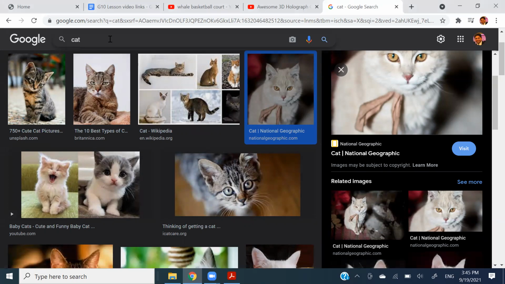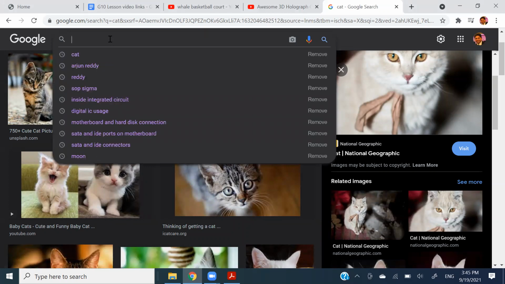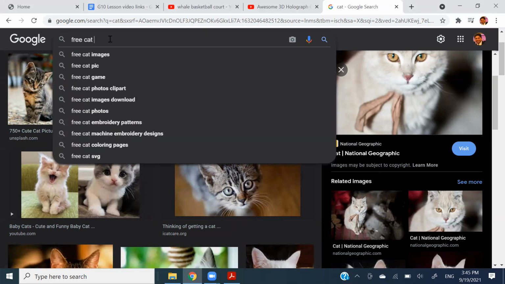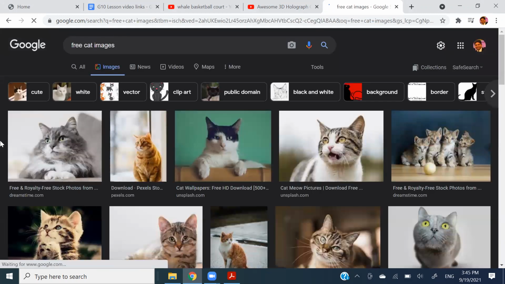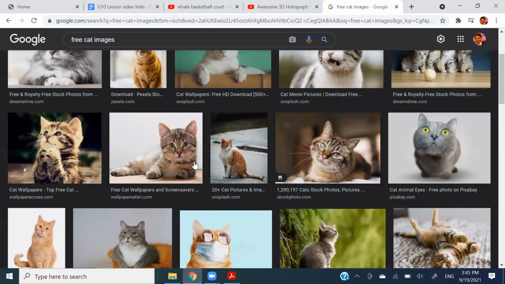And when you are searching, you can search for things without copyright. So you can say cat images without copyrights or free cat images, right? So it will filter the things which are not subject to copyrights.